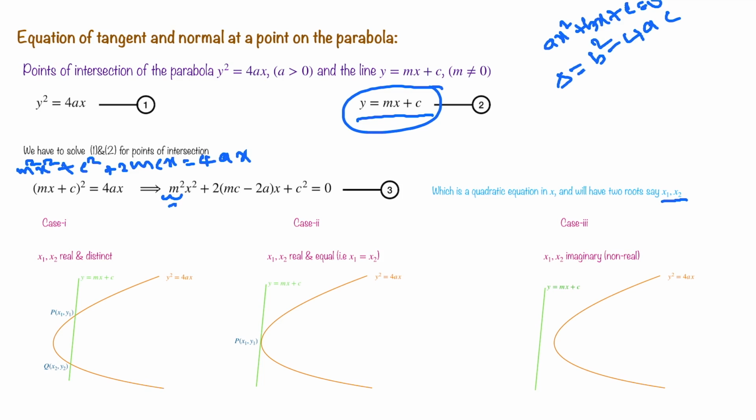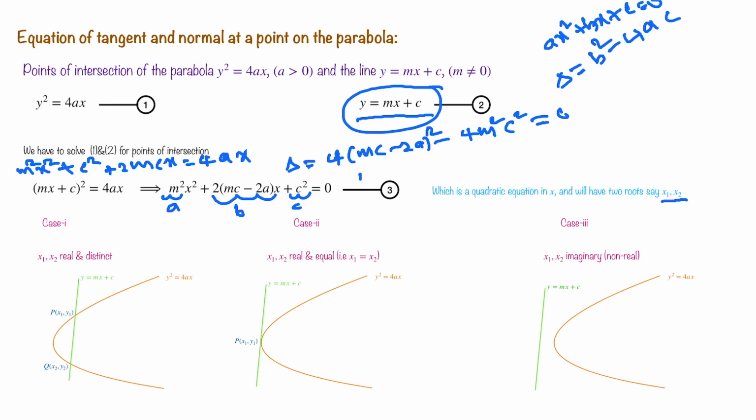Here our a is m squared, b is 2 times (mc minus 2a), and c is c squared. So the discriminant is 4(mc minus 2a) whole squared minus 4m squared c squared. This should be 0, then we can have real and equal roots.